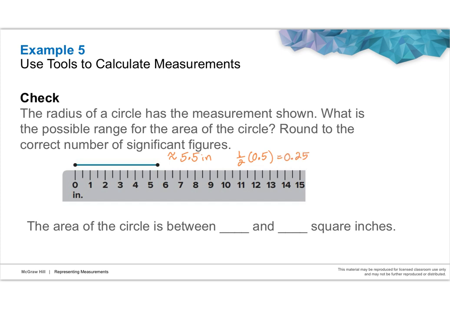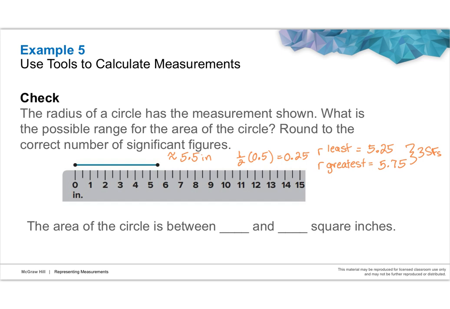And so our least value for our radius would be 5.25, and our greatest value for our radius would be 0.25 on the other side of 5.5, which is 5.75. Each of these values has 3 sig figs, so that's what we're going to want to have in our range of area as well.